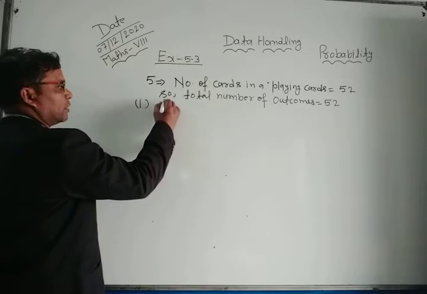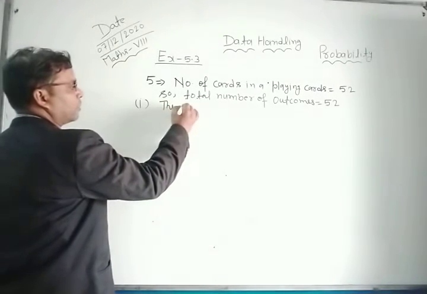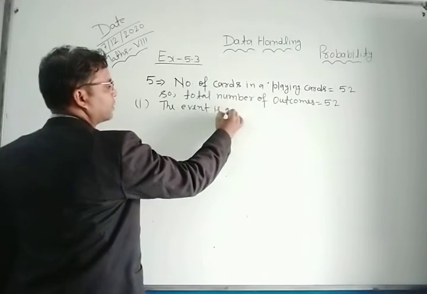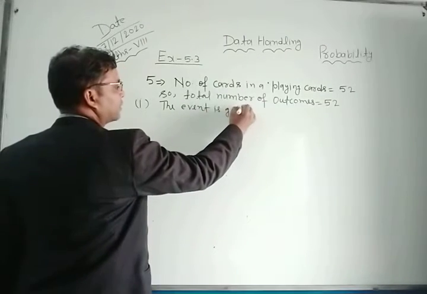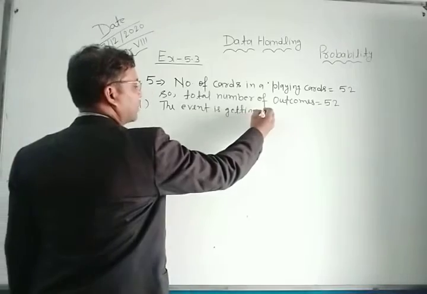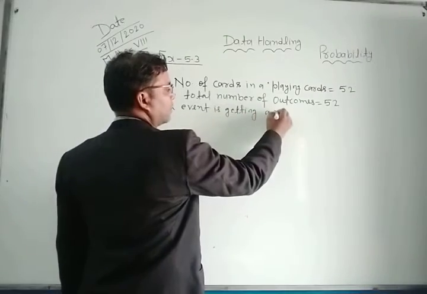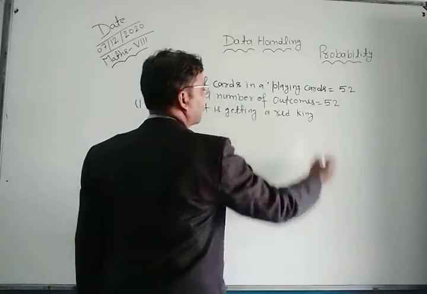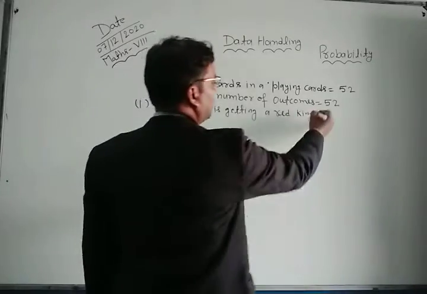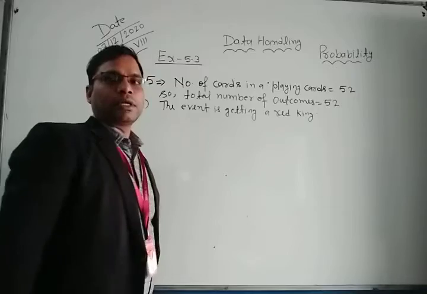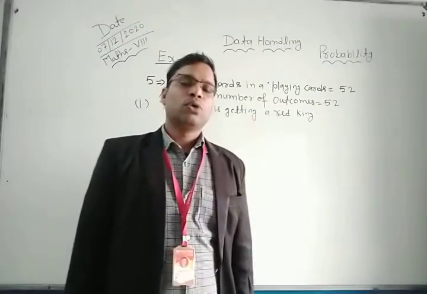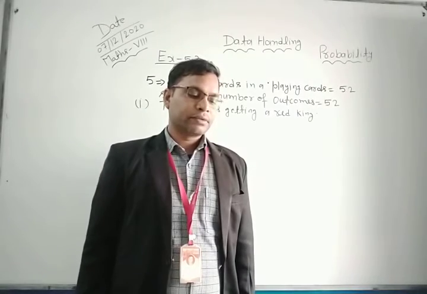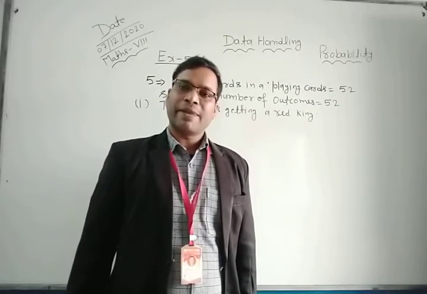In the whole pack there are 4 kings. 2 cards are red kings and 2 cards are black kings.